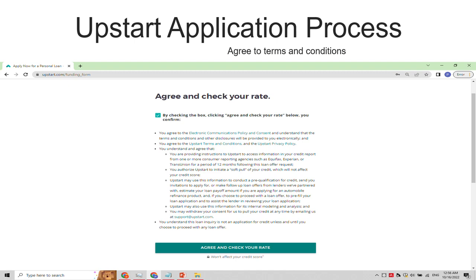Once the rates are checked, if it is able to validate the address along with your name, it is going to provide the different options on the APRs and others. Otherwise, it is going to ask for the social.